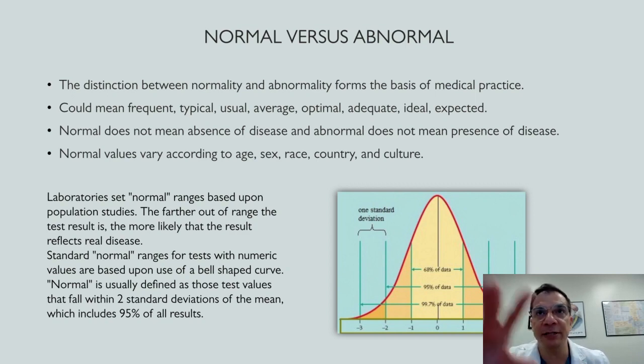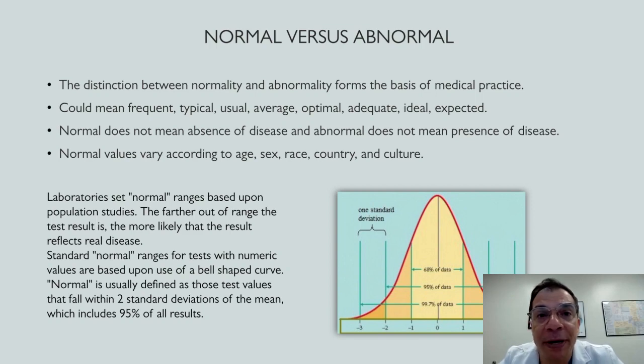That patient is not normal. And these are terms that we have to be very careful when we use them. Okay, when we say normal in medicine, we are not talking about something that means simply good or absence of disease. And when we say abnormal, we don't imply that there is a disease or there is a problem.